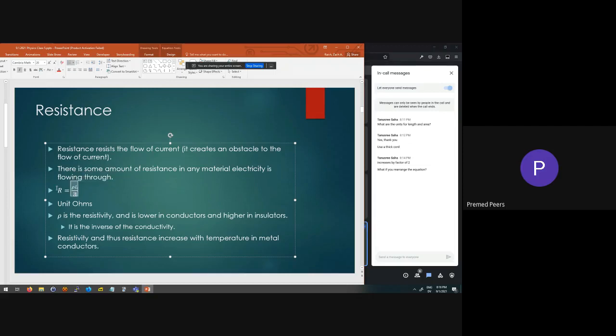So yes, you could theoretically be asked to do that. We could say, I'm going to give you R, A, and L. What's rho? However, understand that rho never depends on how we shape the material. Rho tells you a fact about the material, and R depends on that and on how we shape the material, which is L and A. Does that make sense? Yes. Okay.